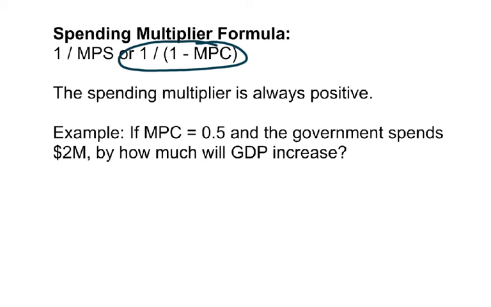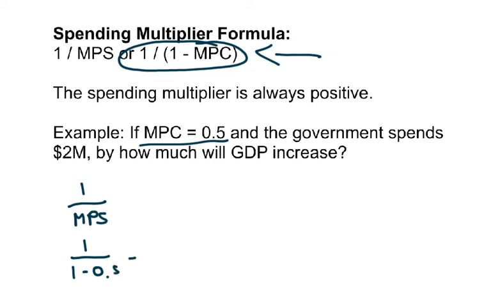Well, the first thing we need to do is get the multiplier. We know the multiplier is equal to 1 over the MPS. But the problem is we're given the marginal propensity to consume. But thanks to this formula, we know we can get the MPS by doing 1 over 1 minus the MPC. So that is equal to 1 over 0.5.